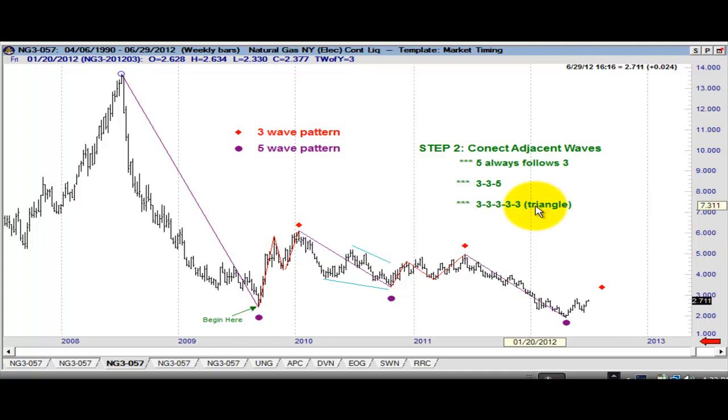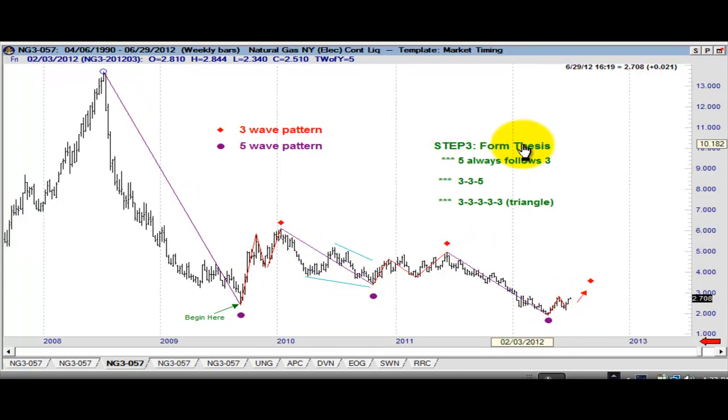Or we can have a triangle, 3-3-3-3-3, where the first 2 waves would be complete. Step number 3, form a thesis based upon these 3 sets of criteria.